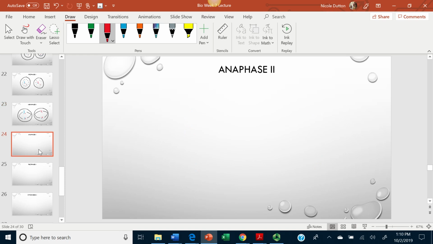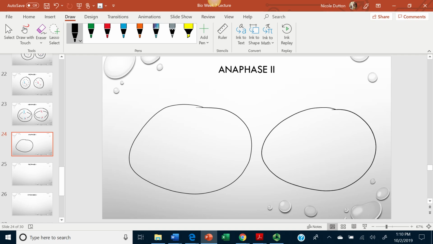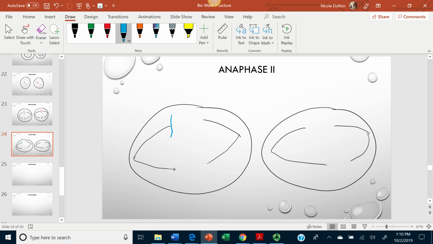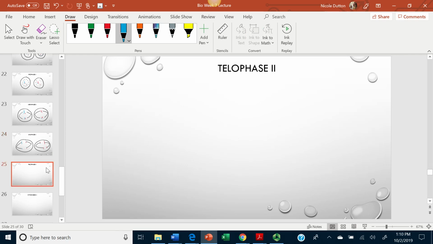During anaphase 2, they'll migrate toward opposite ends of the cell. And then during telophase 2, new nuclear envelopes are going to form.